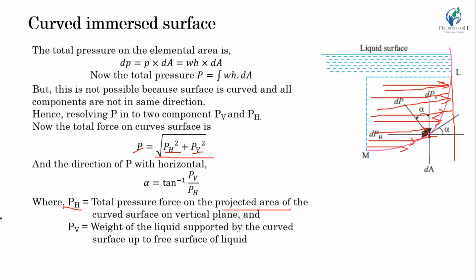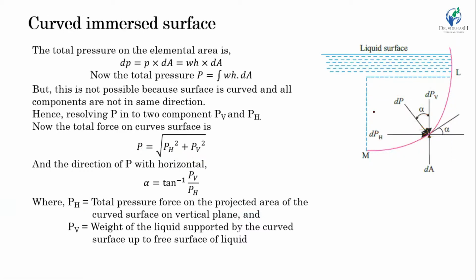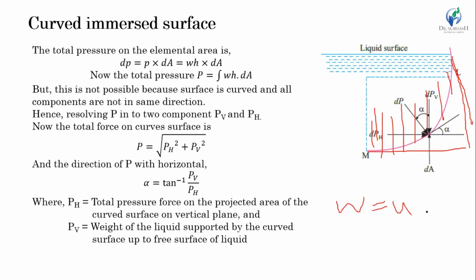Now for considering the value of PV, which is acting like this at each and every point, for the calculation of the pressure force we have to consider the weight force, say gravitational force acting on the surface from here to here. For the calculation of the weight force, we have to consider small w, which is the specific weight, times the volume.